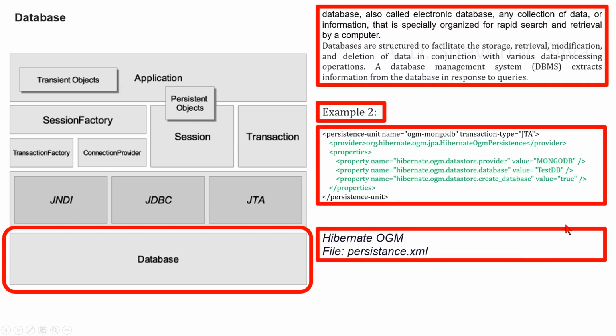We can consider this one as example 2 for Hibernate OGM. This is in persistence.xml. Here we have to define data store details in the Hibernate persistence.xml.